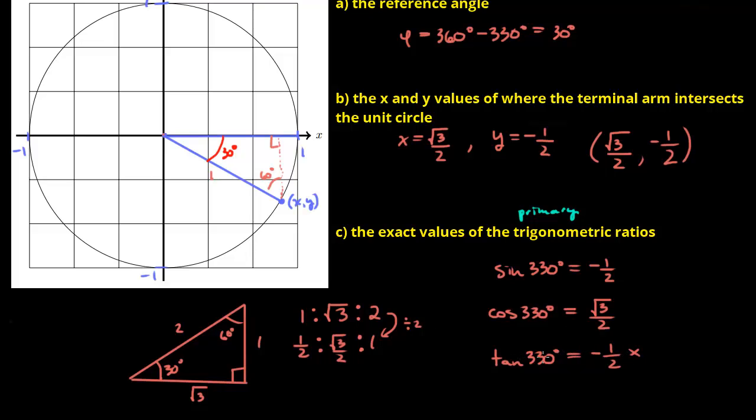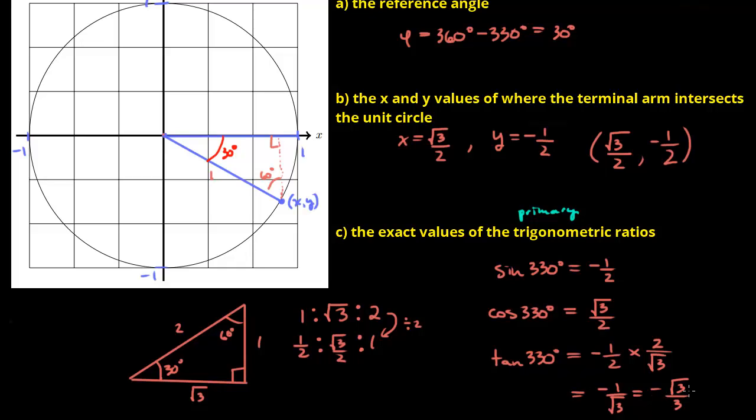So we have that tan of 330 is equal to minus 1/2 times 2 over root 3, which is just going to be equivalent to minus 1 over root 3. And this simplifies to minus root 3 over 3 if we rationalize the denominator. So tan of 330 is minus root 3 over 3.